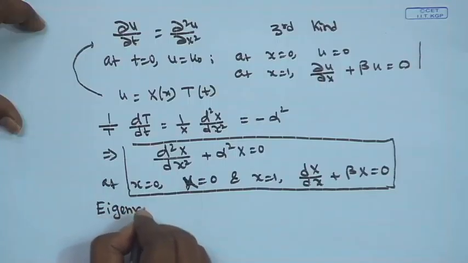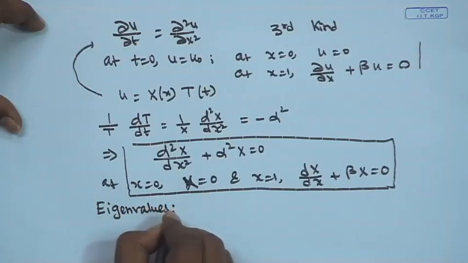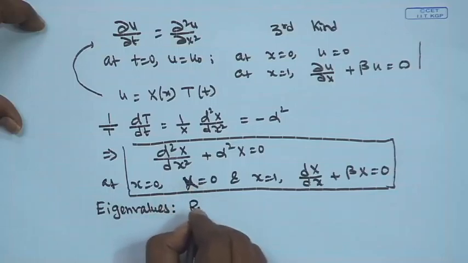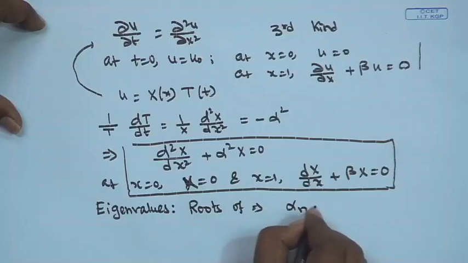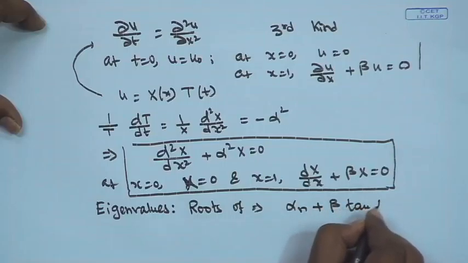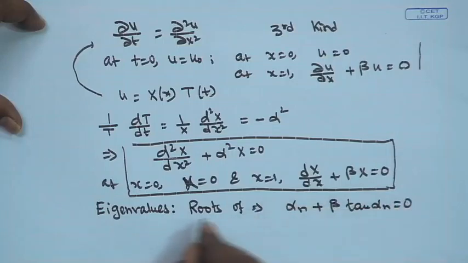So, eigenvalues will be roots of alpha n plus beta tan alpha n equal to 0, and eigenfunctions are the sine functions.